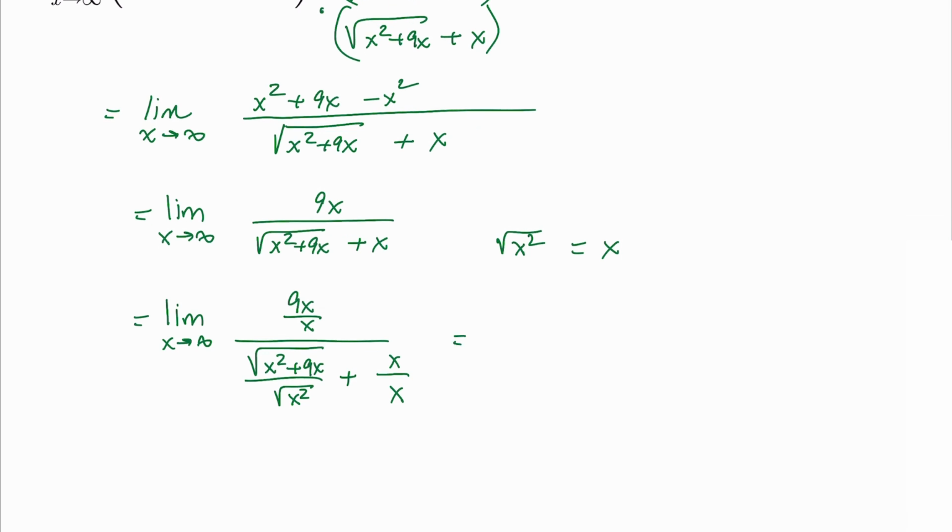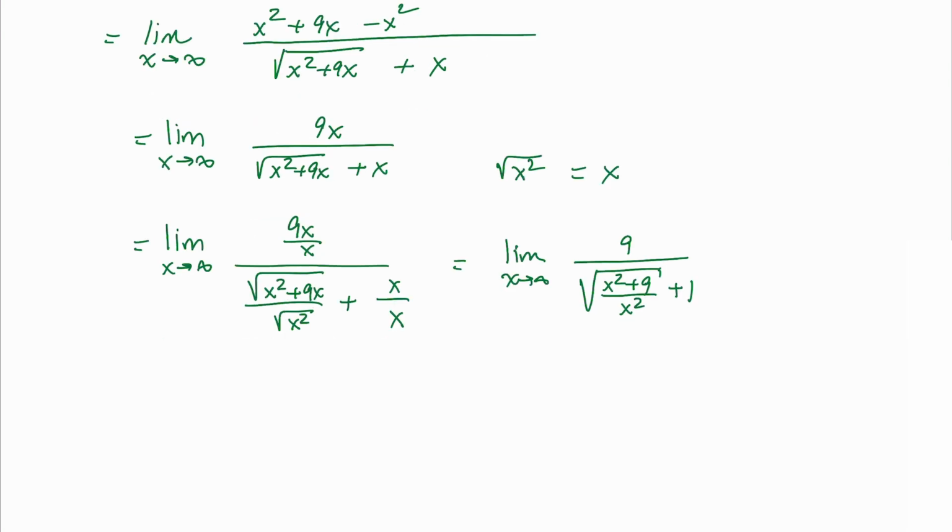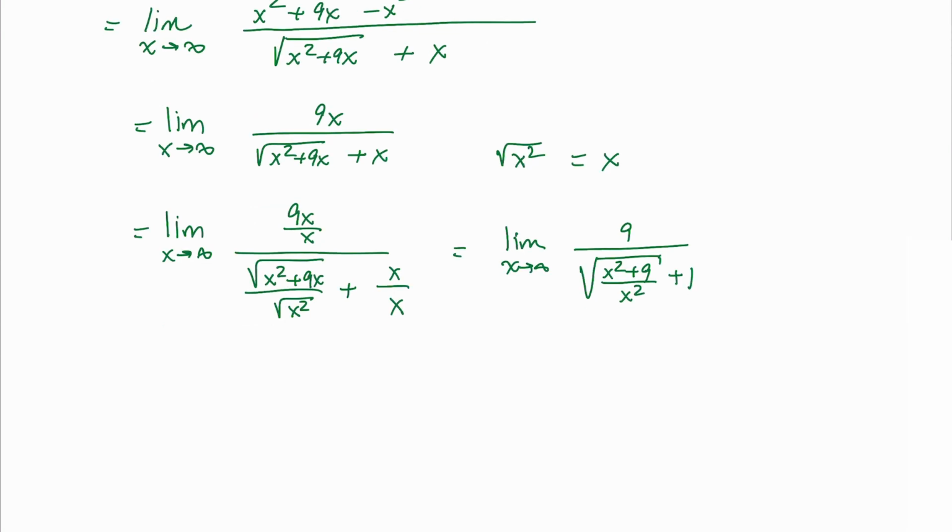So this is the limit as x approaches infinity of 9 over, now that's a more complicated square root now. This is x squared plus 9x over x squared, plus 1. And now we'll simplify under the radical a little bit more. So that equals the limit as x approaches infinity of 9 over, now, if I divide through by x squared, that is the square root of 1 plus 9 over x squared, plus 1.